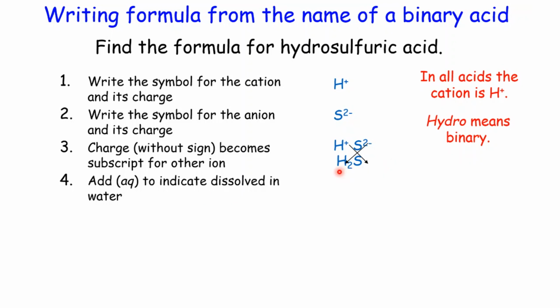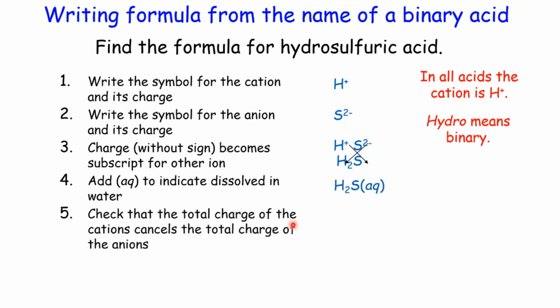Otherwise, this will be just dihydrogen sulfide. It's not an acid if you don't write down AQ. And then you check that the total charge of the cations cancels the total charge of the anions, so that this acid molecule carries an overall net charge of 0.